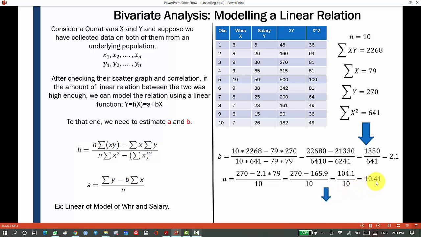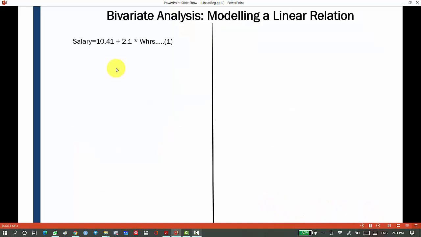As a result, the linear model of salary and working hours is salary is equal to 10.41 plus 2.1 times working hours. Next, let's play a little bit around this linear model and predict the amount of salary if an employee works for 8 hours.